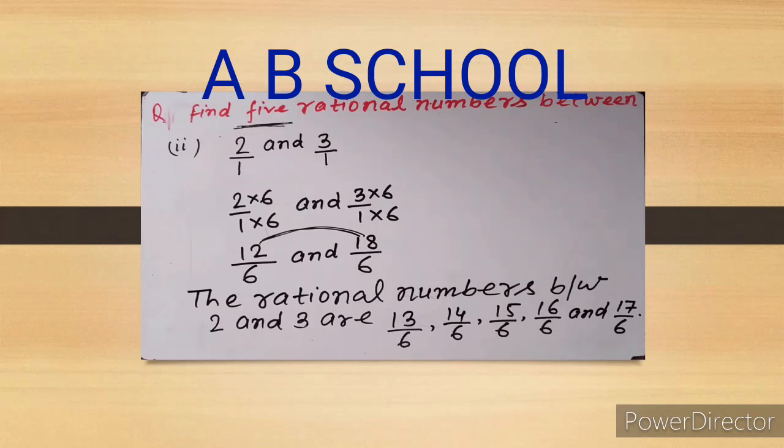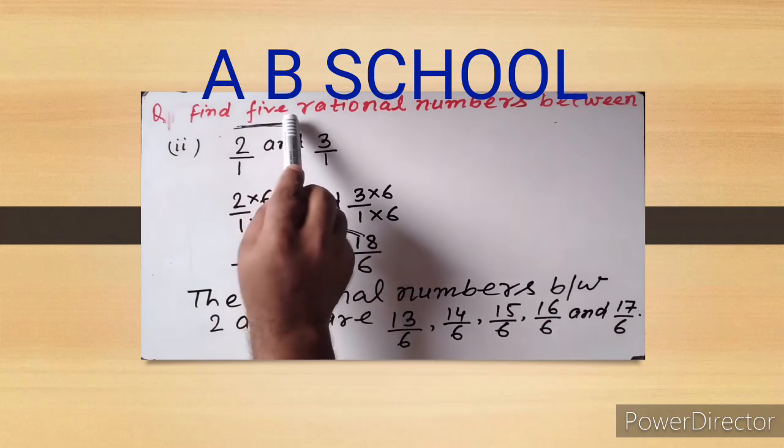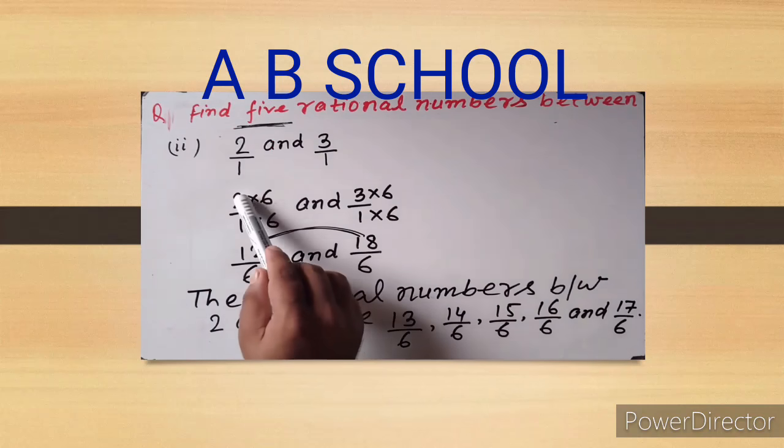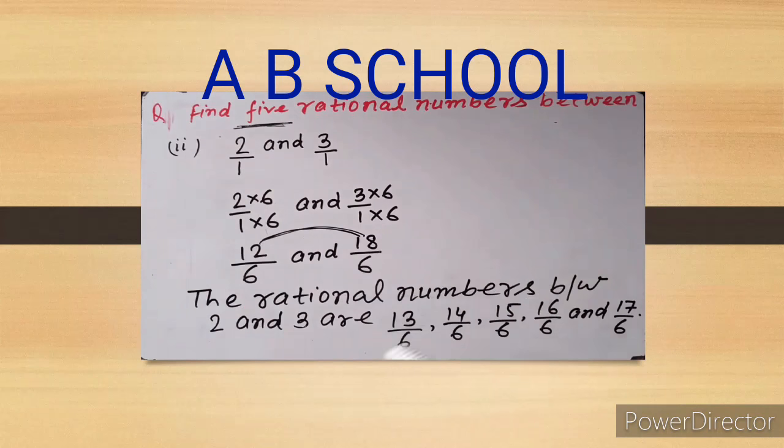Like over here you have to find 5 rational numbers, so you take ahead of 5, which is 6, and multiply the numerator and denominator. Suppose you have to find 3 rational numbers between 2 rational numbers, then you take ahead of 3, which is 4. So you will multiply both numerator and denominator by 4.